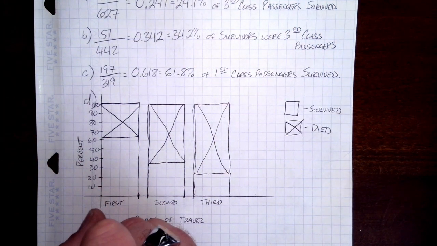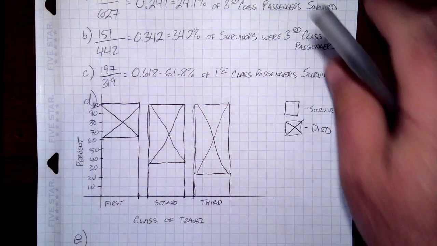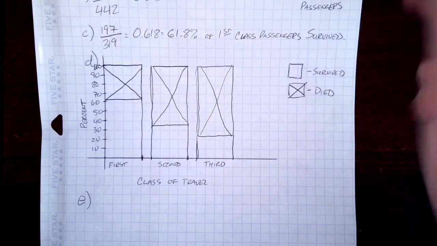And the whole point in making one of these distributions is to see what patterns we see. So describe what the distribution of your graph says about the class of travel and survival status for adult passengers aboard the Titanic.